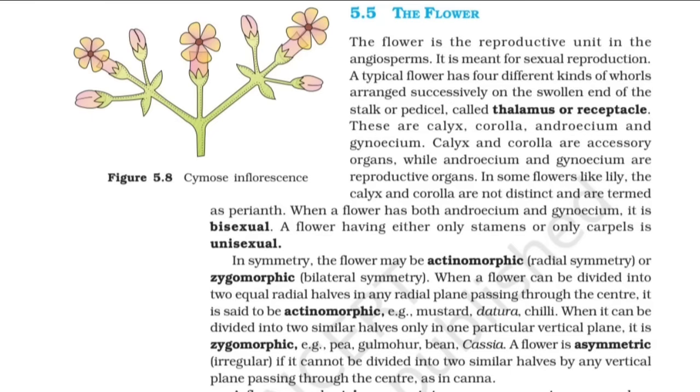When it can be divided into 2 similar halves only in one particular vertical plane, it is zygomorphic. For example, pea, gulmohur, bean, cassia. A flower is asymmetric, irregular, if it cannot be divided into 2 similar halves by any vertical plane passing through the center, as in canna.